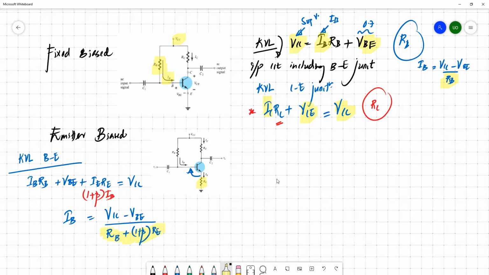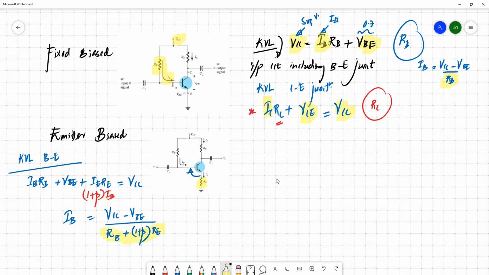So we have two degrees of freedom by changing RE and RB, and we can manage the base current. In the previous fixed bias system we have a single degree of freedom, so once you change the RB, the entire system, or the Q point, changes. But now we can manage the base current either by changing RB or RE. And at the same time, see what happens.